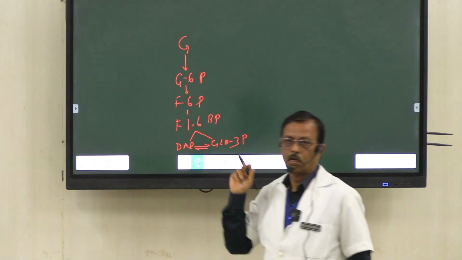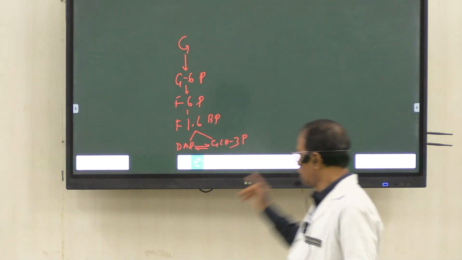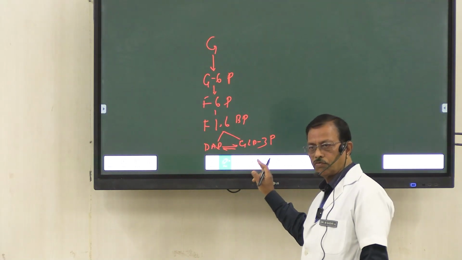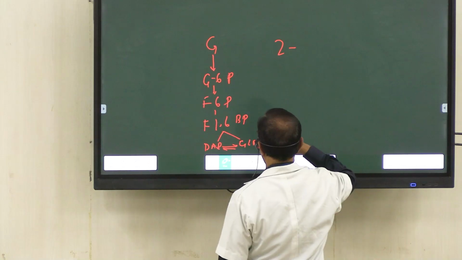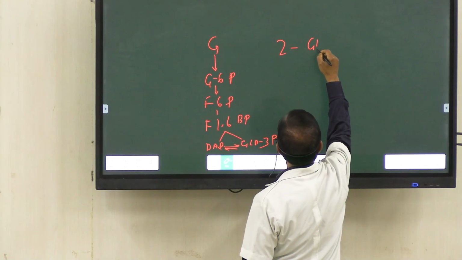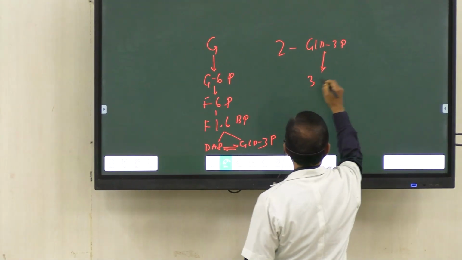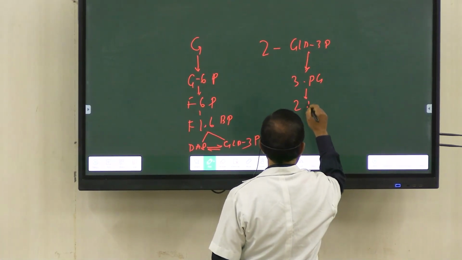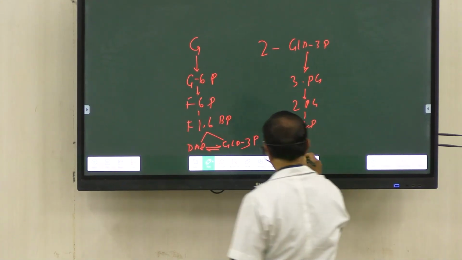So as glycolysis continues with glyceraldehyde 3-phosphate, dihydroxyacetone phosphate is converted into glyceraldehyde 3-phosphate. From here, two molecules of glyceraldehyde 3-phosphate will be produced. From there, 3-phosphoglycerate, from there 2-phosphoglycerate, phosphoenolpyruvate, and then pyruvate.